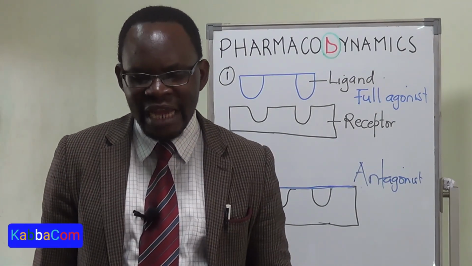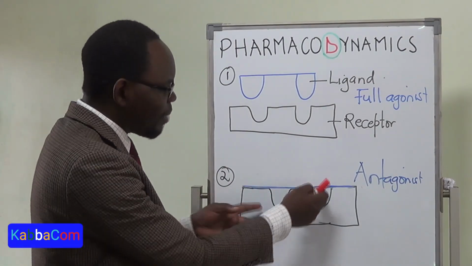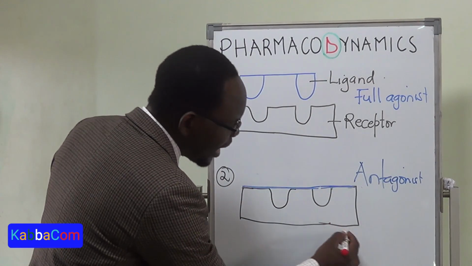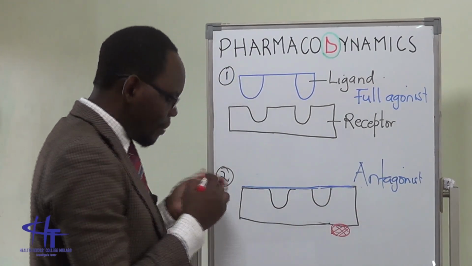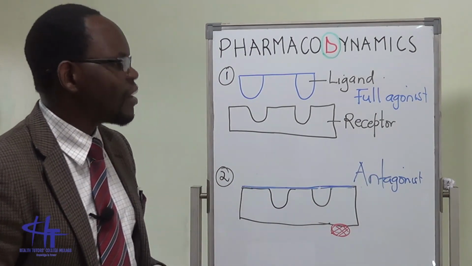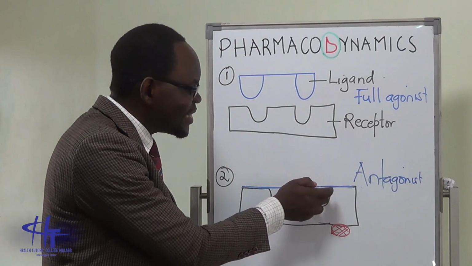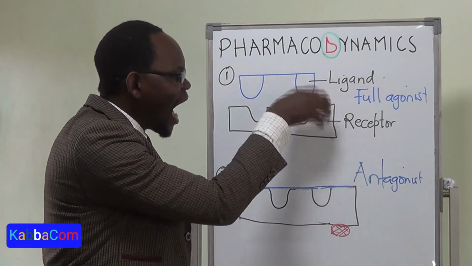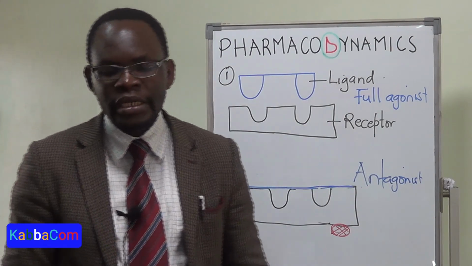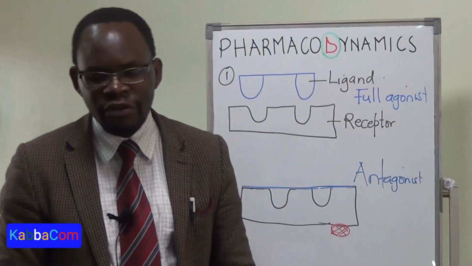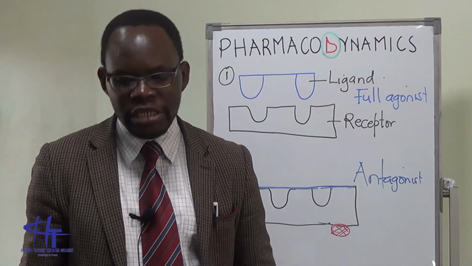By the allosteric site, we mean that it might not bind to the active site, but somewhere else on the receptor. Once it binds there, it causes conformational changes, so that even when the agonist binds, we shall not see any effect. That is what we refer to as allosterism.